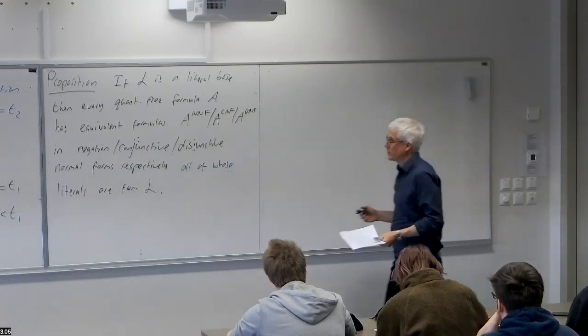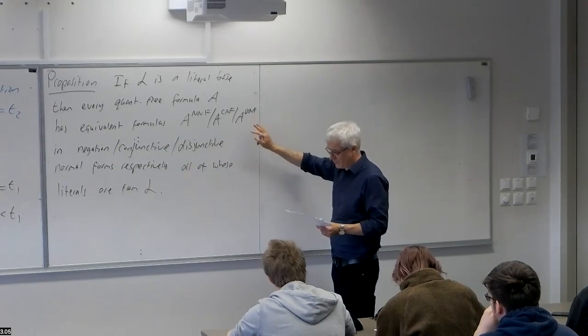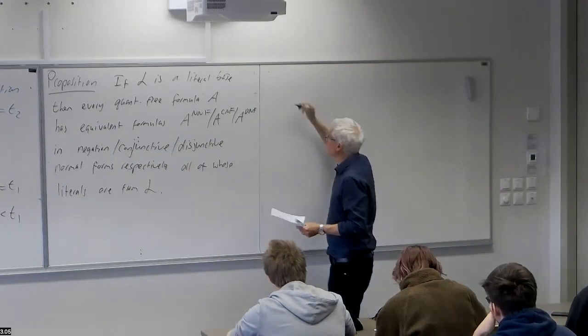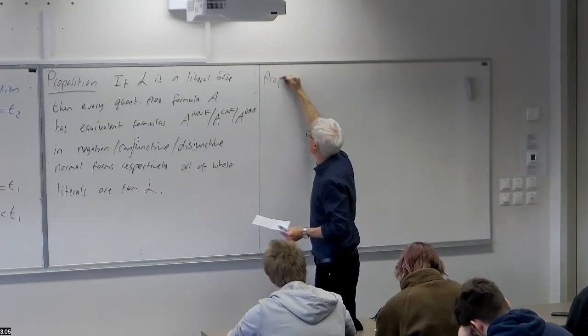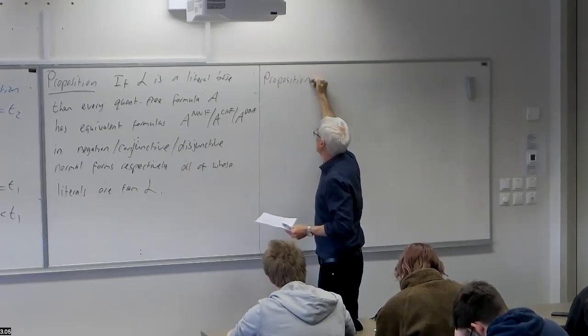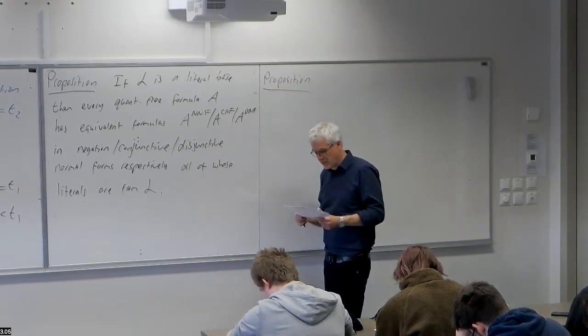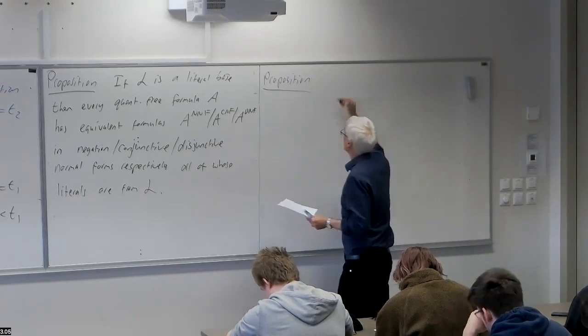But the more important to our purposes, although this is relevant to the proof of the next result, is the next proposition, which refines the criterion we have for establishing that a theory has quantifier elimination.